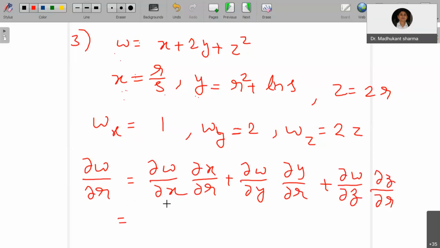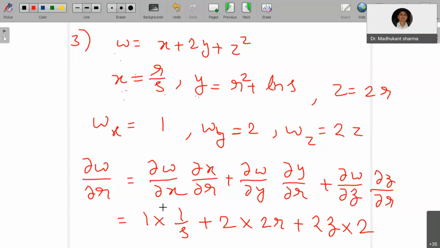So all things are in your hand. Dou w by dou x is wx, that is 1, into dou x by dou r, that is 1 by s, plus dou w by dou y is 2, dou y by dou r is 2r, plus dou w by dou z is 2z, into dou z by dou r is 2.